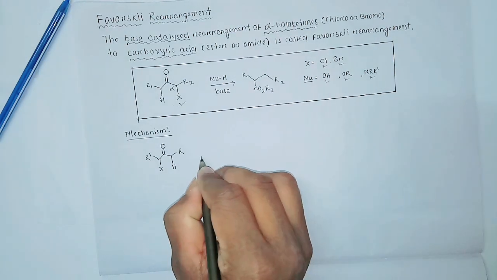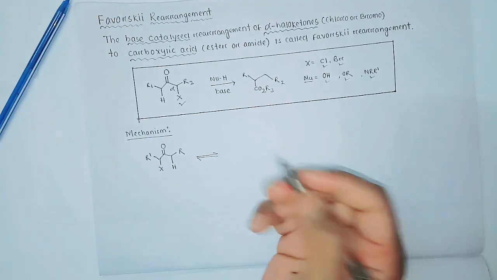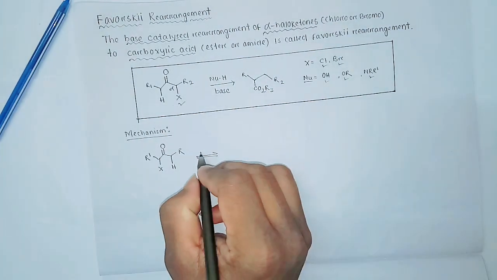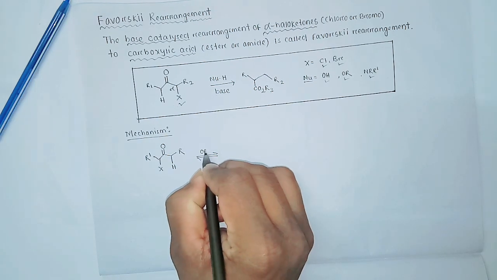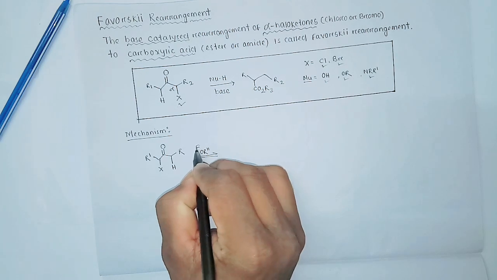You know that we have a base catalyst, so base means something like OR minus. For example, this is OR, and this is the base catalyst.